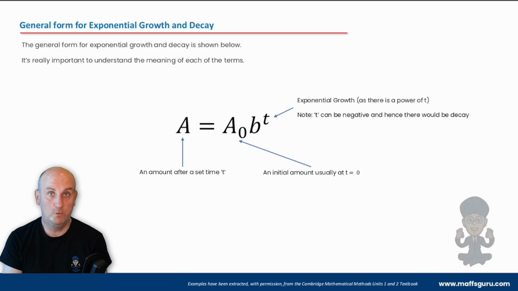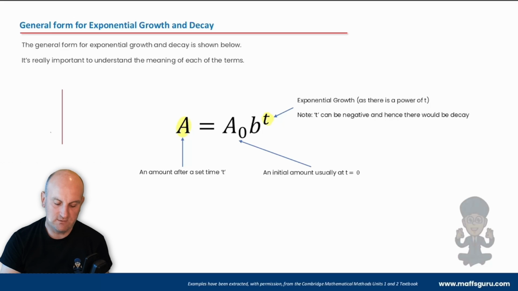Now, there are real world situations where we can do this, and so there is a general form for exponential growth and decay, which I think is quite important to look at. Now, here, an amount after a set time t. So we should now be in a situation, if I was going to plot this on a set of axes, that we would know from the equation that that would be my A, and this would be my value of t.